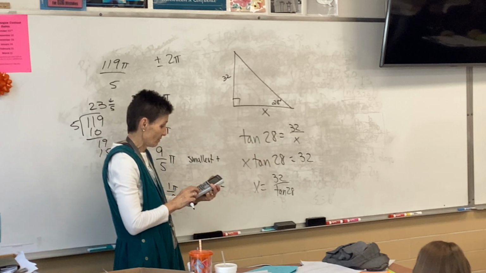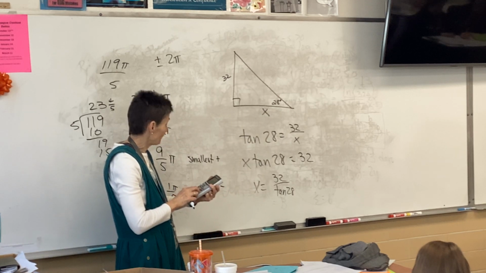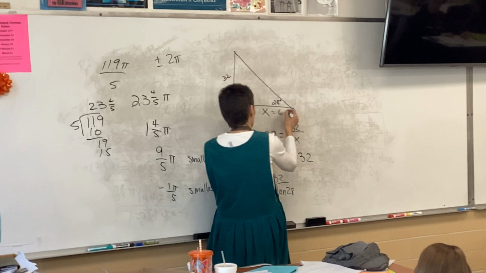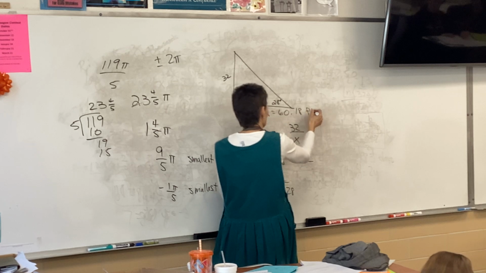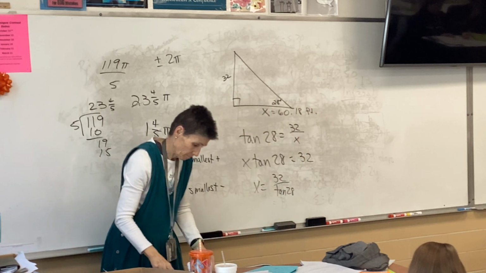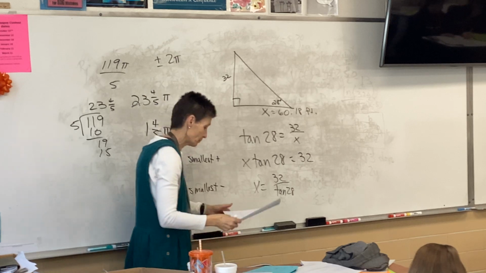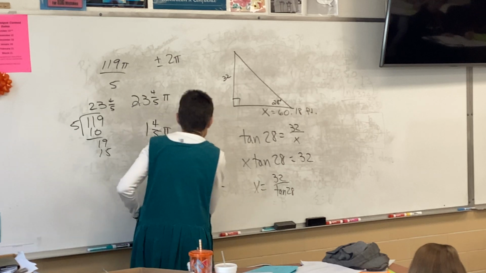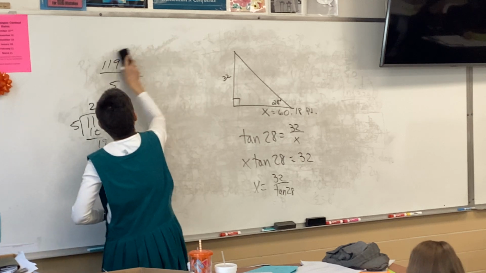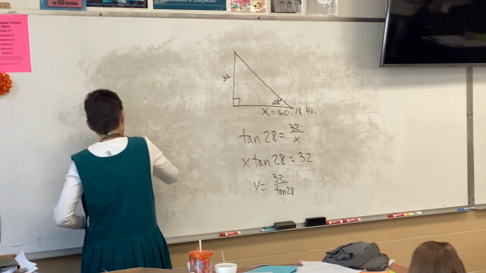So 32 divided by tangent 28. I got 60.18 feet. Anybody else get that? Good?